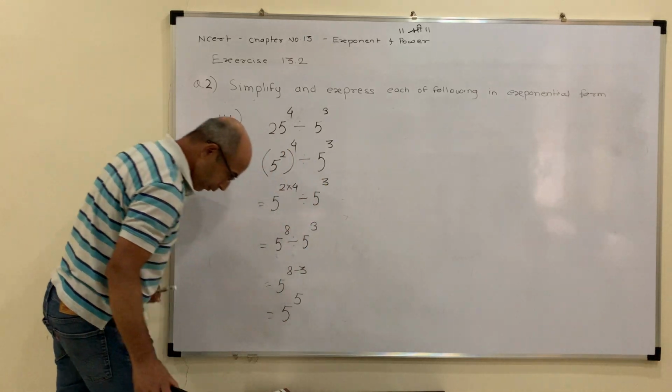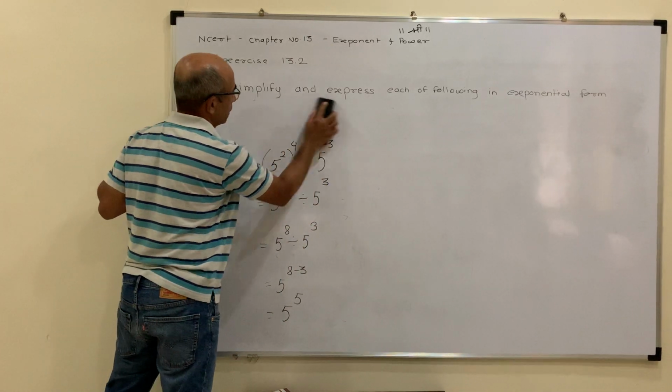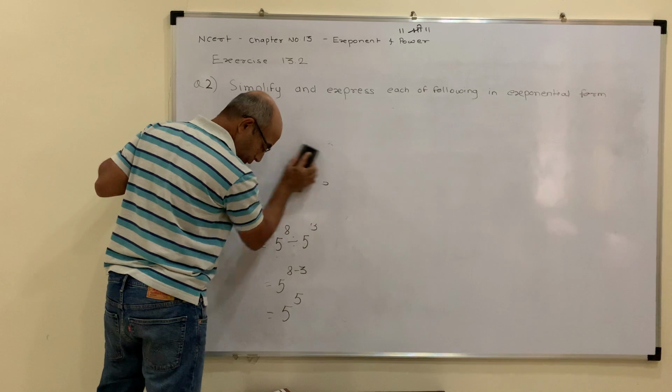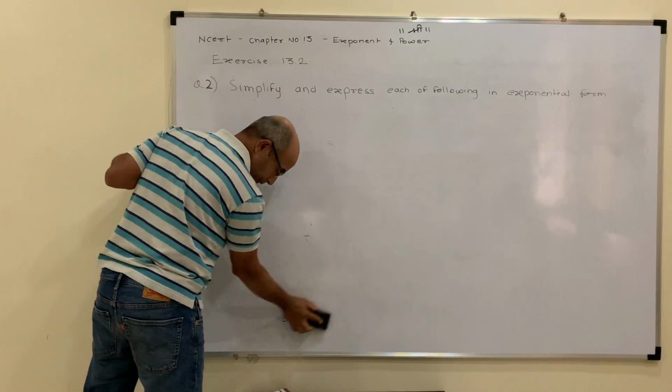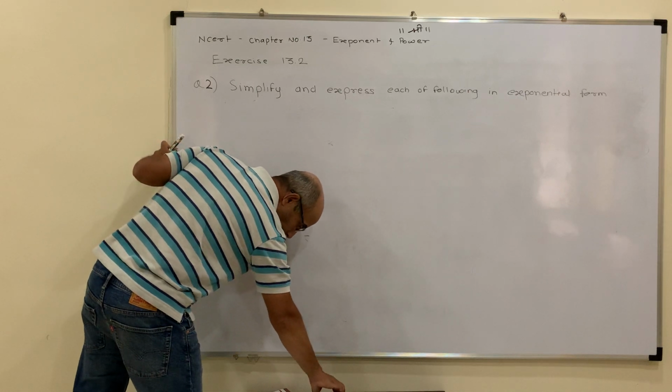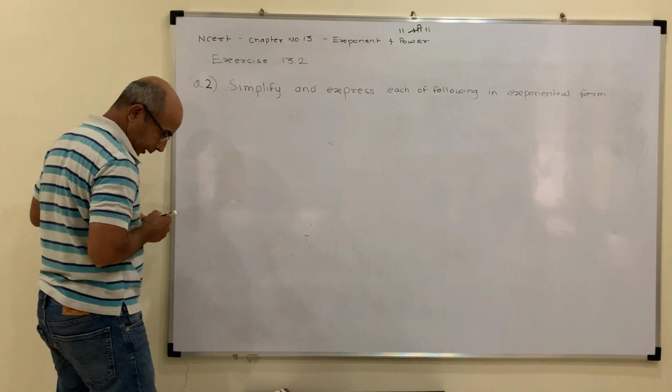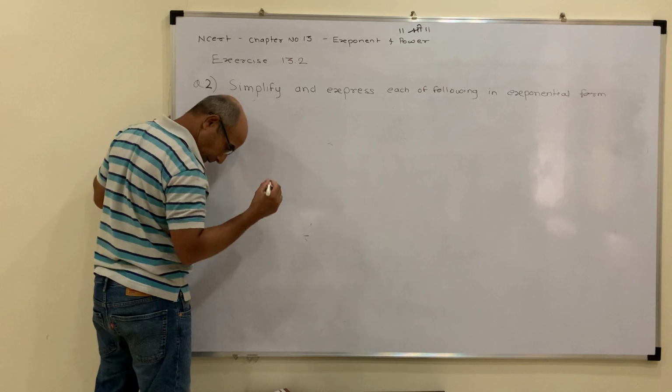Now we move to the next one. 3 into 7 square into 11 raised to the power 8. My third one.